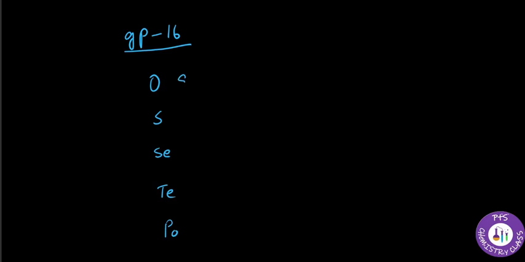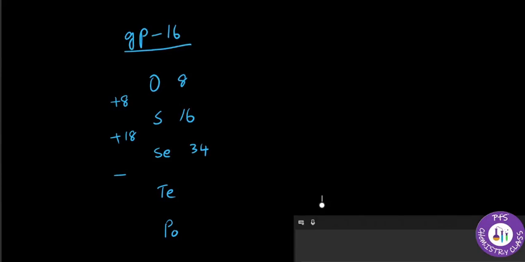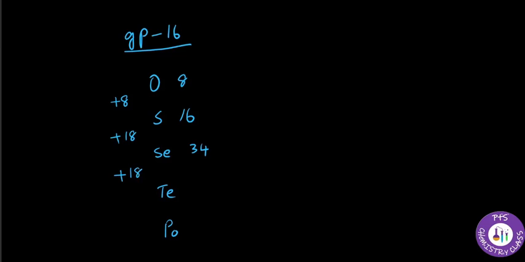So oxygen is 8 plus 8, 16 plus 18, 34 plus 18, that will be 52, plus 32 will be 84. 84, that's all. Then what you have to do, you know that.